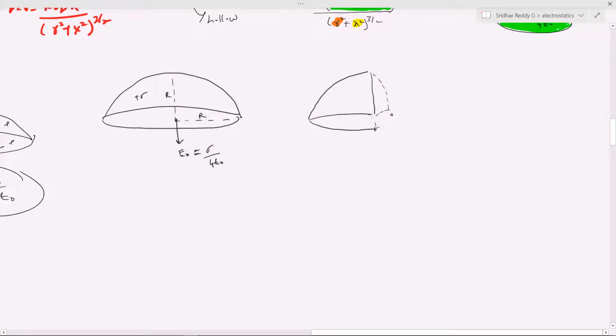I think I'm messing up the diagram. So this is a quarter shell, one fourth of the shell, that one.